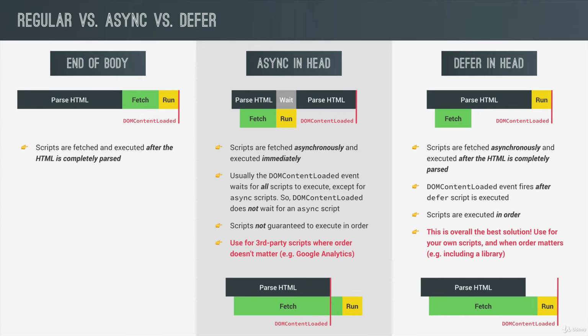So it's a good use case for this kind of scripts. And I'm saying this because, of course, you can use different loading strategies for different scripts in your web application or website.